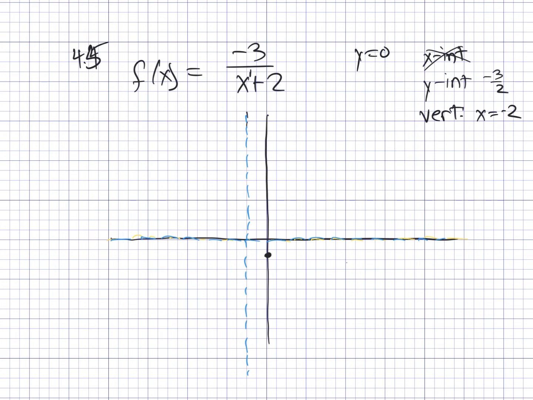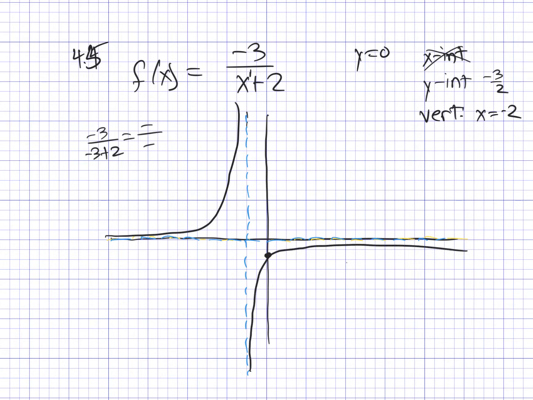Let's put in negative 3. Negative 3 over negative 3 plus 2 is negative over a negative, which is positive. So our graph looks like this. And since we have a y-intercept down here, we know we are in the fourth quadrant, not the first quadrant. So we just graph that. And that's the graph of that. That's how long that should take. Hopefully you've gotten faster at these.